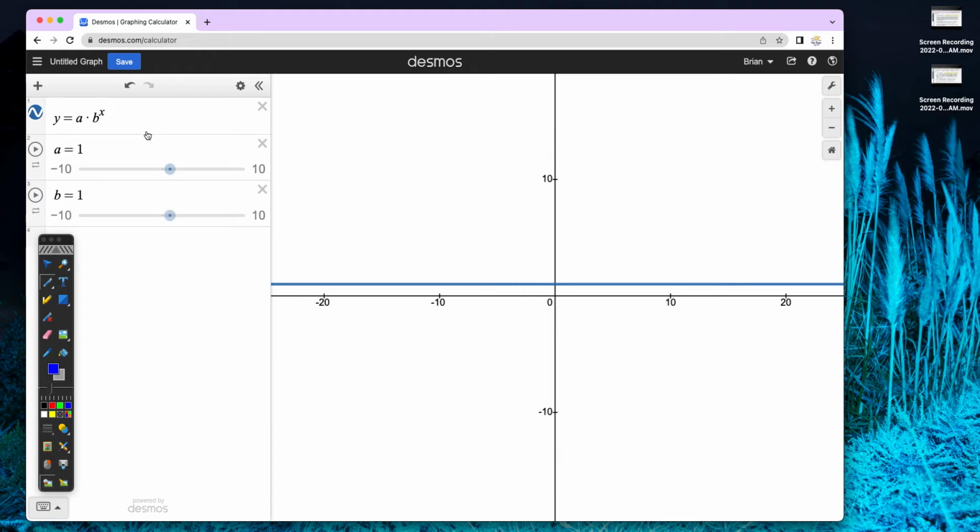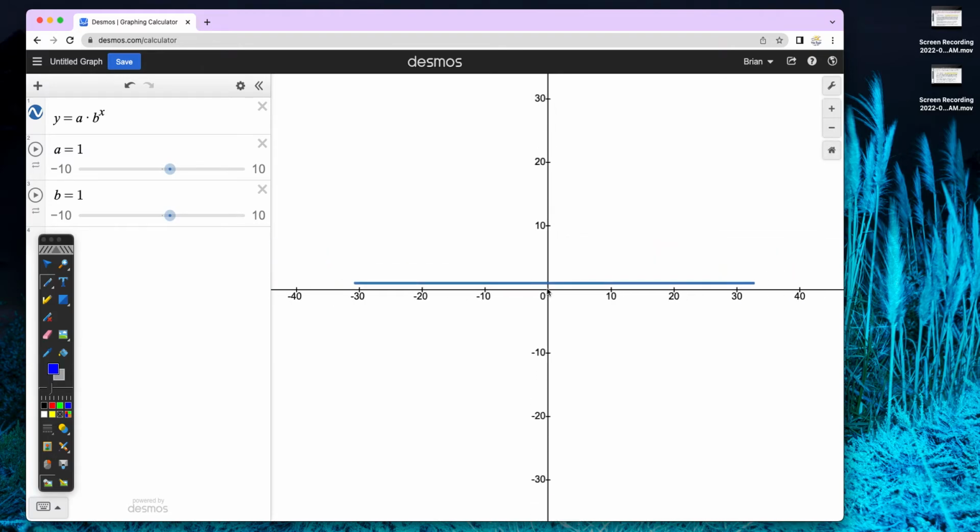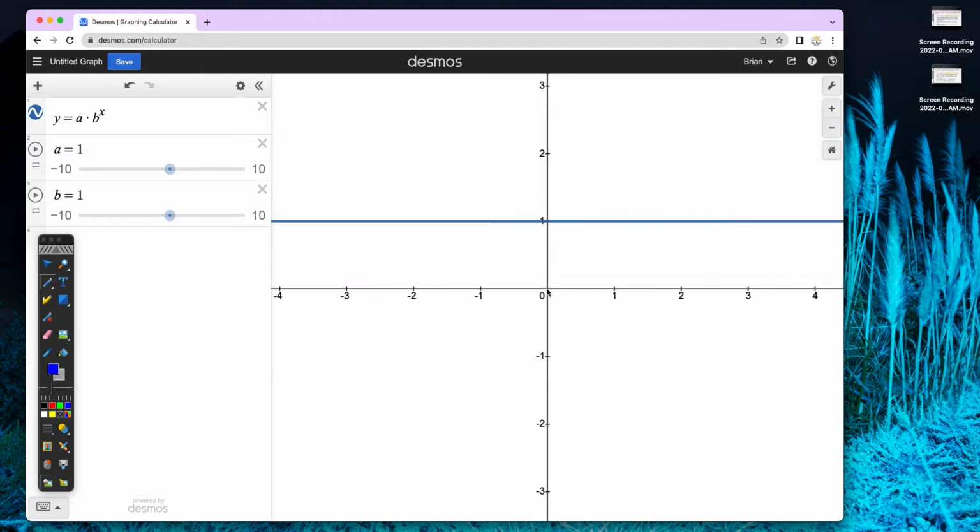So let's add some sliders for these things. Now, I want to show you a couple of key things. What you're looking at right now is a horizontal line. And the reason you're looking at a horizontal line is for a couple of things. Number one, the b value is 1, all right? So if you think about what happens if I let this value be 1, then I have 1 to the x.